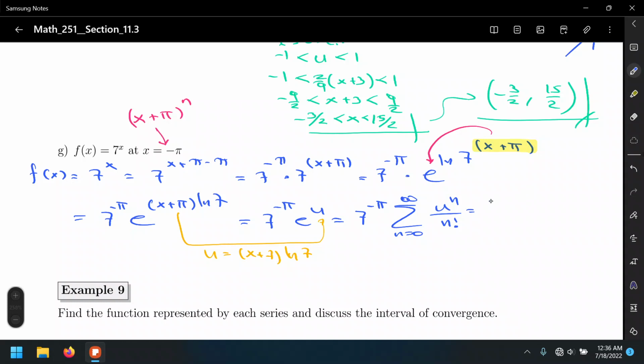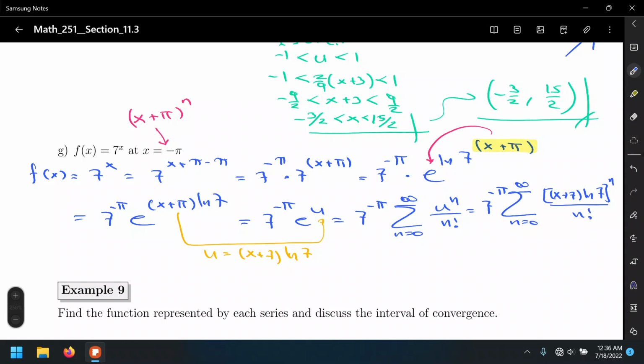Okay, need more space. That's x plus pi times ln of 7, to the n, over n factorial.